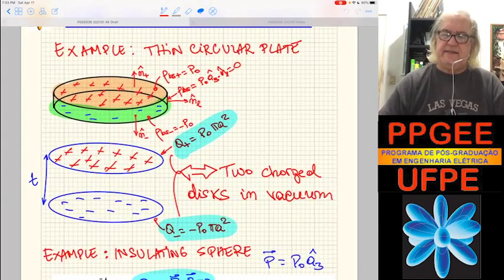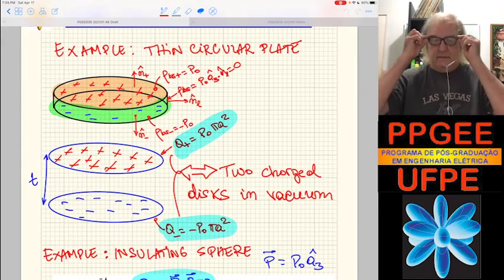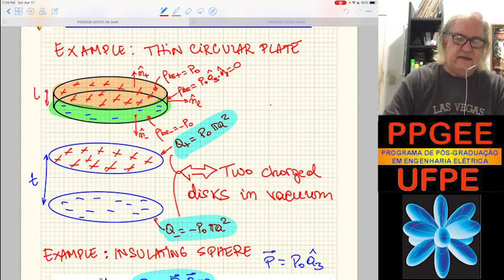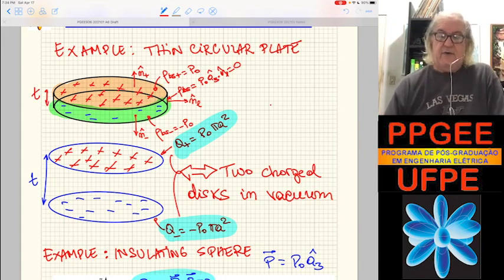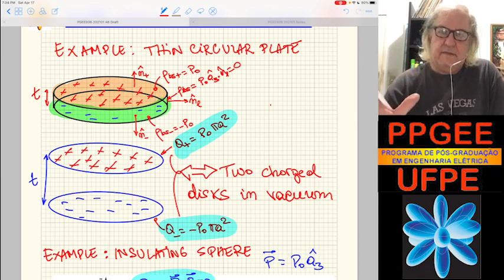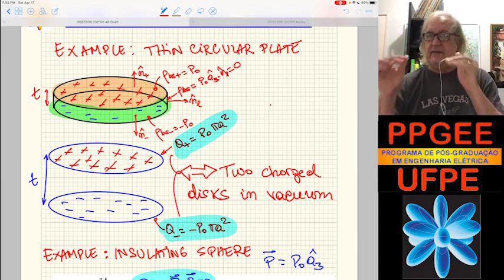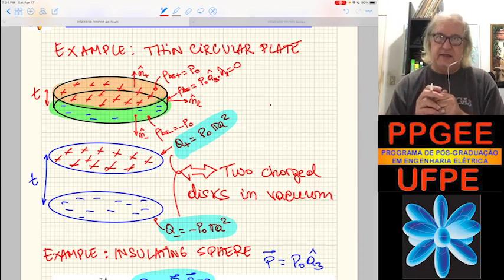Consider the thin plate or the thin disk, thickness T, right? We just did that before. This is T. Now you can solve the problem replacing the disk by its equivalent polarization charges, bound charges.